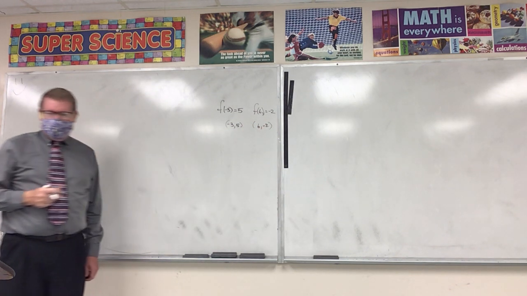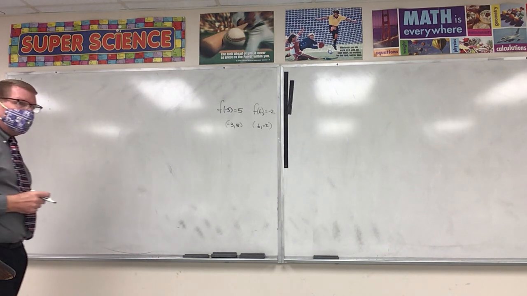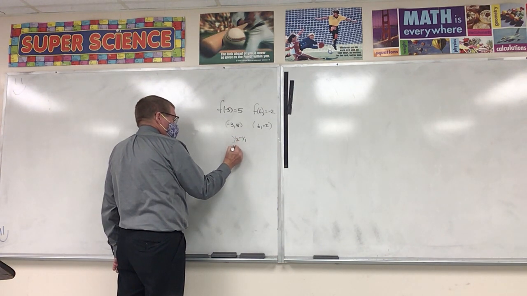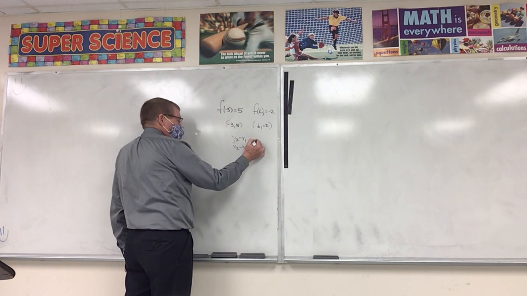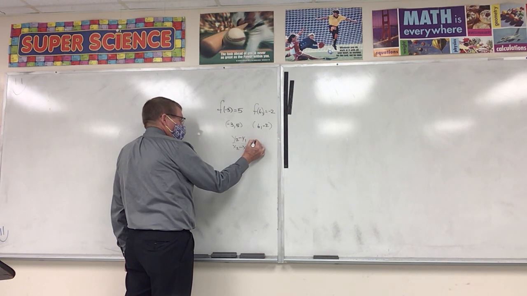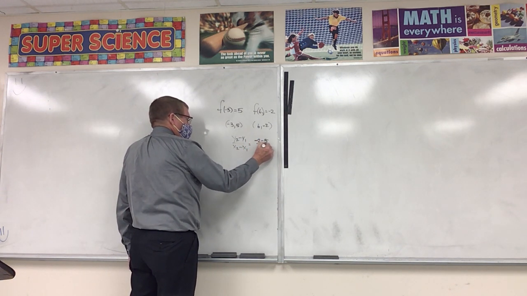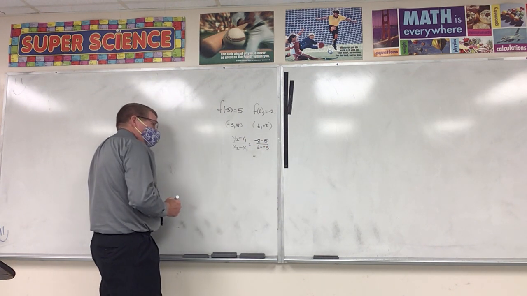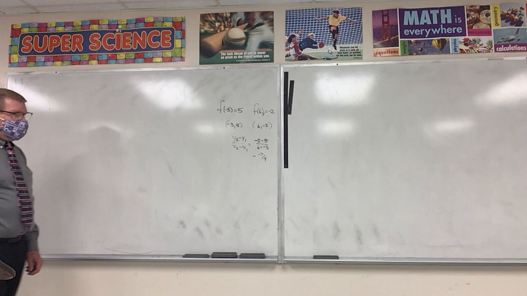How do I find slope? y2 minus y1 over x2 minus x1, which in this case is negative 2 minus 5 over 6 plus 3, which is negative 7 over 9.